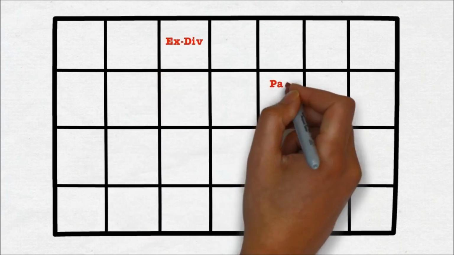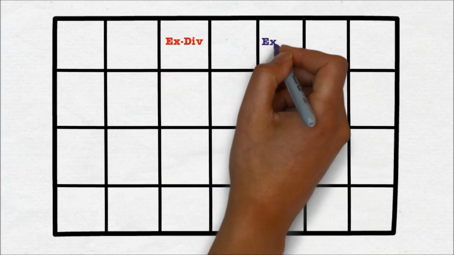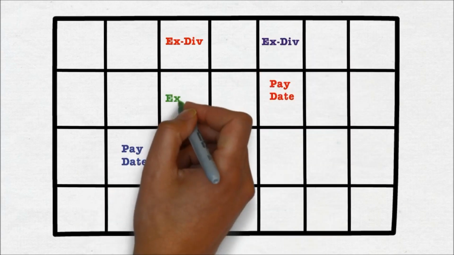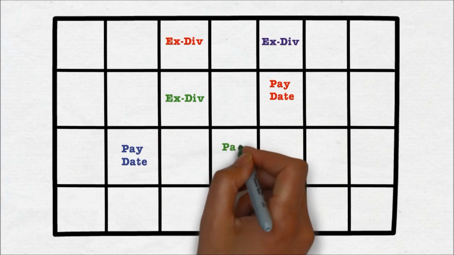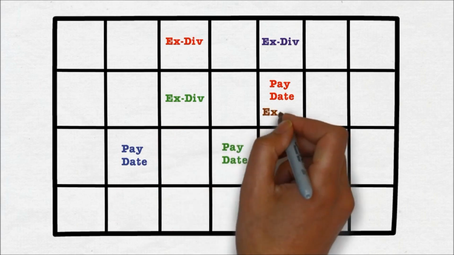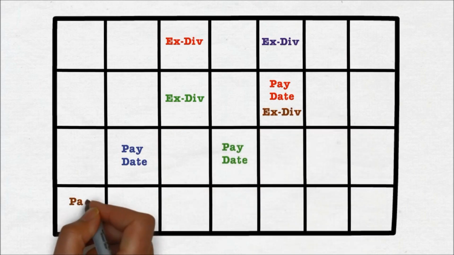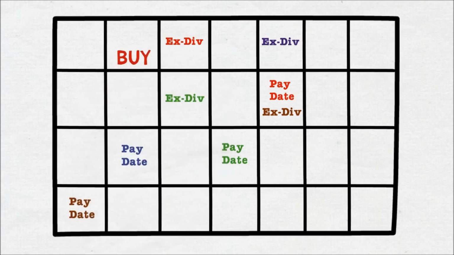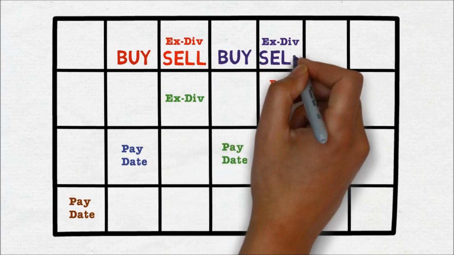Now, what we would want to do in the form of a strategy to capture all these dividends, for the red company, is buy before the ex-dividend date and sell on or after. Same thing for the purple company, same thing for the green company, and then for the brown company. What you can see, guys, is that we chose companies that don't have overlapping ex-dividend dates because we can't buy multiple companies at once.